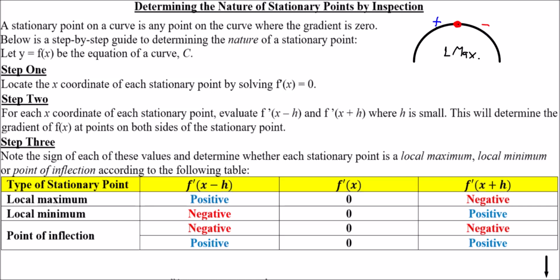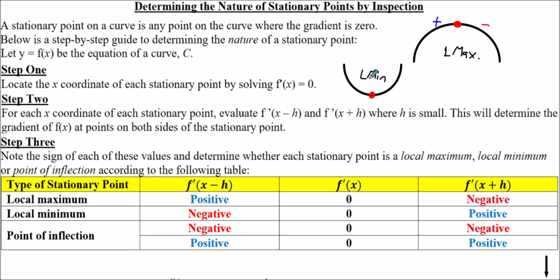And understandably, a local minimum is the complete opposite way round. So if we call this L min, I'll just get that into a black font rather than red. So call this L min, and imagine this being the minimum point.